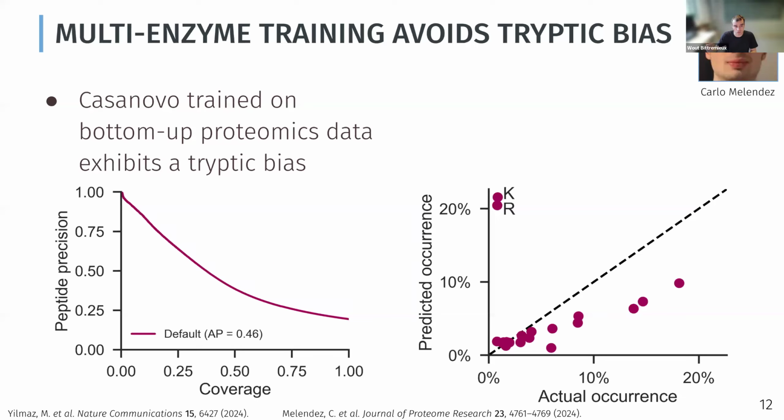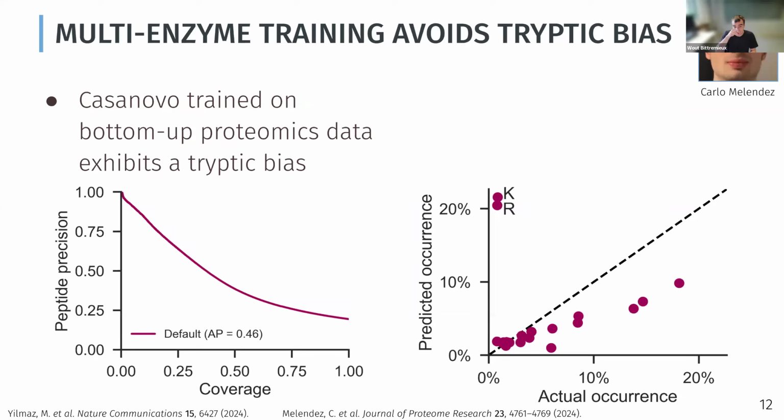However, if we applied it to immunopeptidomics data that don't follow these tryptic cleavage rules, but can end in any C-terminal amino acid, we saw that performance dropped quite significantly. That is mainly because it was still over-predicting peptides ending in arginine and lysine, whereas peptides ending in different amino acids were underpredicted. On the right-hand side is a plot of the C-terminal amino acids for these immunopeptides.